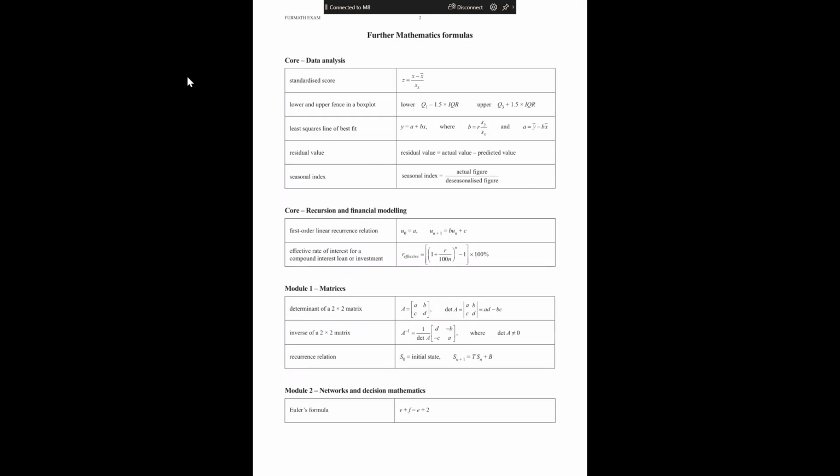Okay, that's all you get, guys. That's all you get. For a whole year's worth of content, yeah. Yes. So really, your formula sheet is in your bound reference that you bring in.